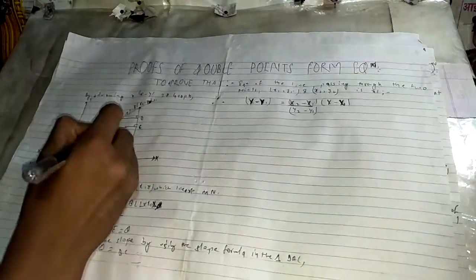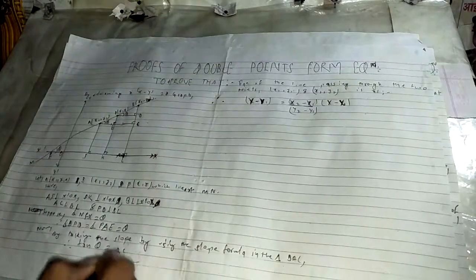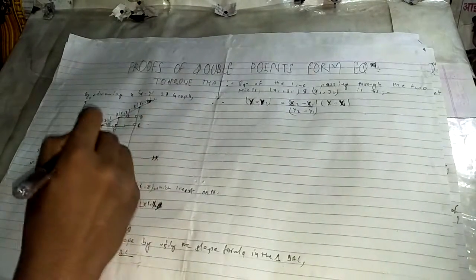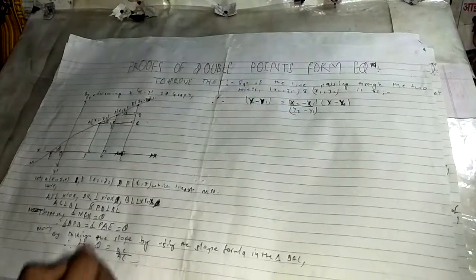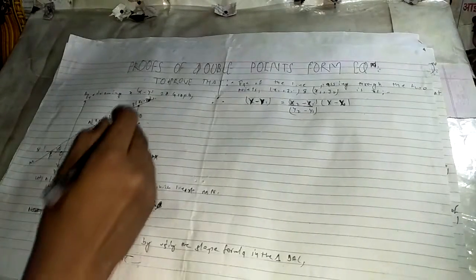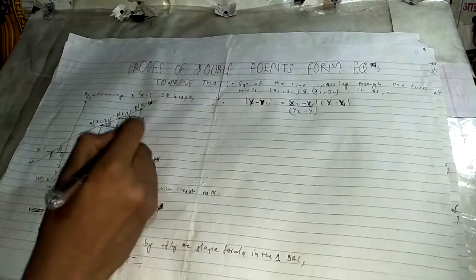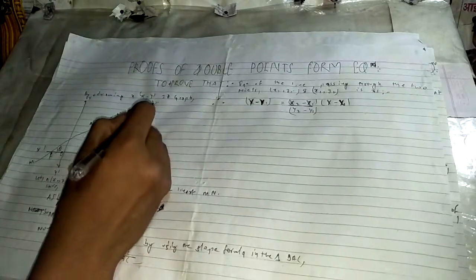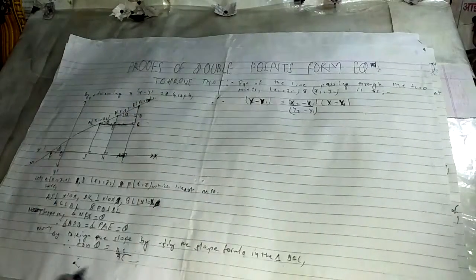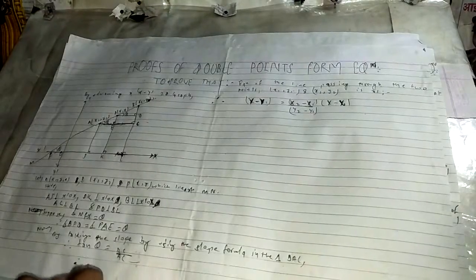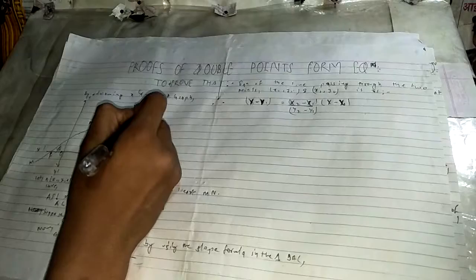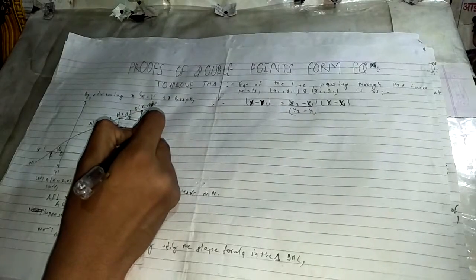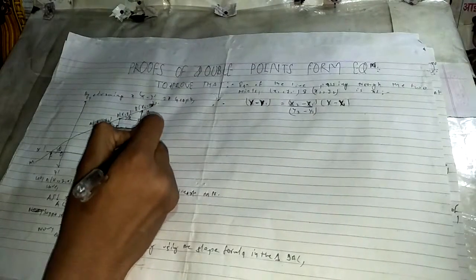Since tan theta is known as rise upon run, m equals BC by AC.